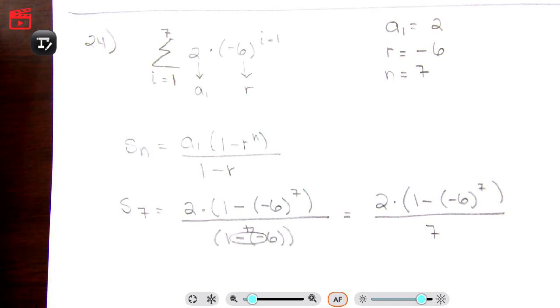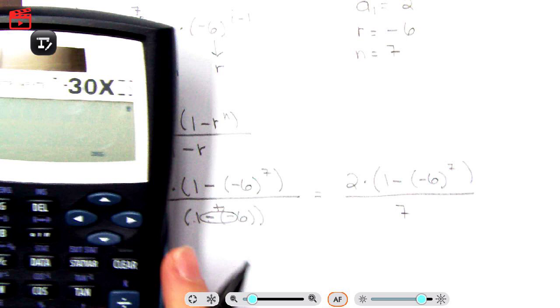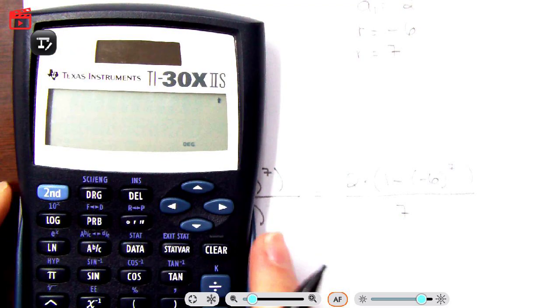minus. All right, again, I'm going to try to cheat a little bit and save some time by plugging everything into my calculator all at once.